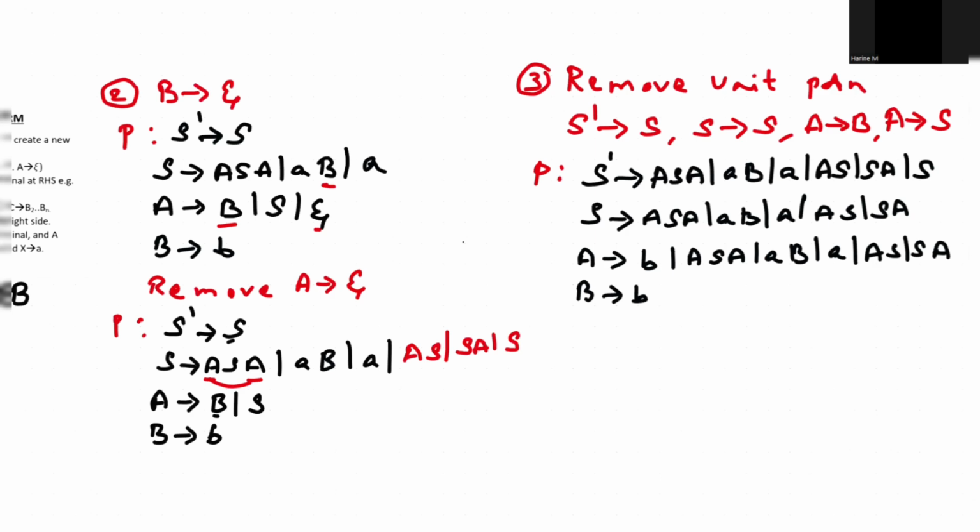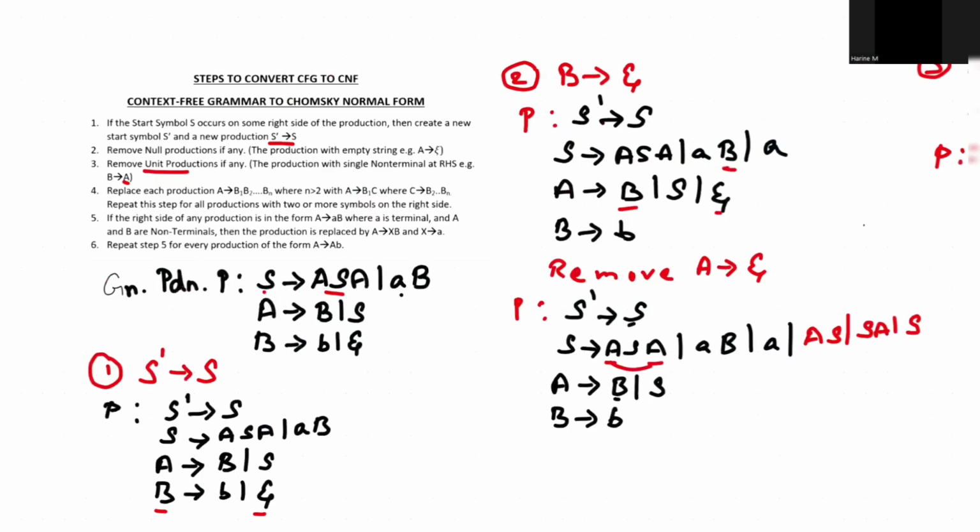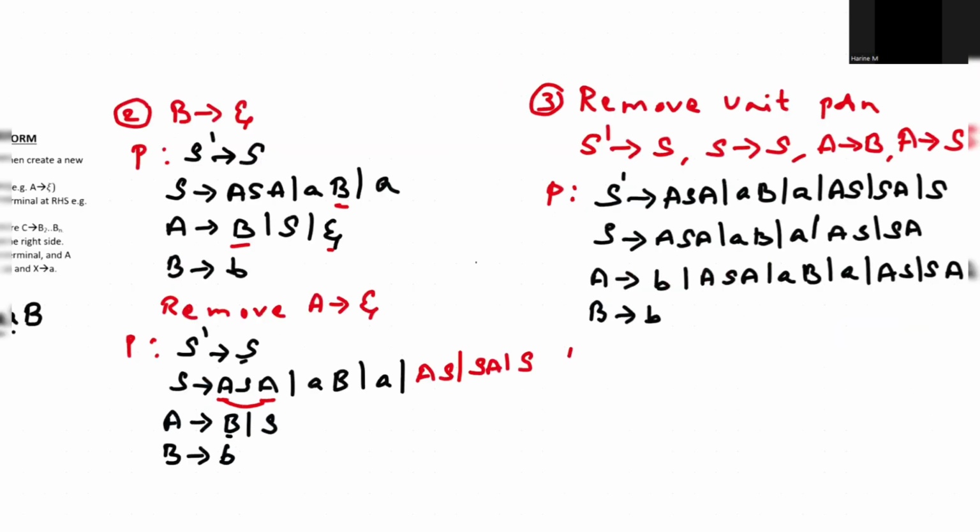Then step 4. Step 4 is: if any production has more than 2 non-terminals on the right-hand side, that should be replaced by only 2 non-terminals. As per Chomsky normal form, on the right-hand side only 2 non-terminals are allowed.